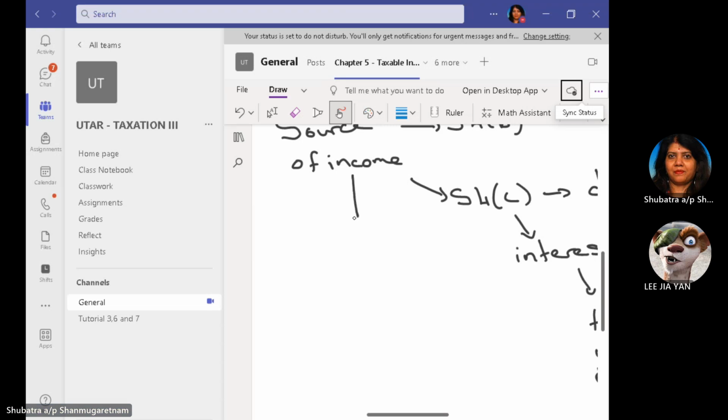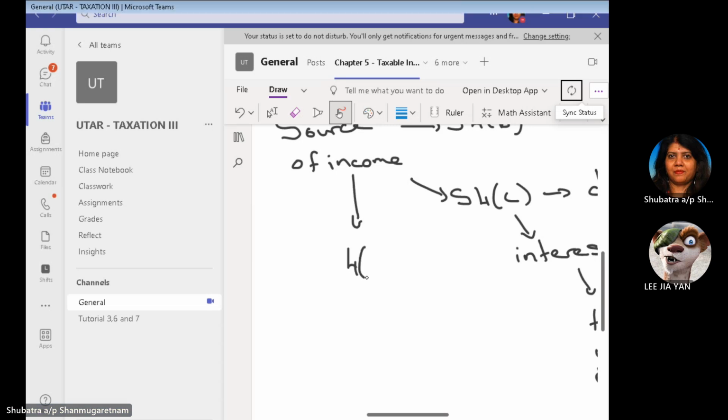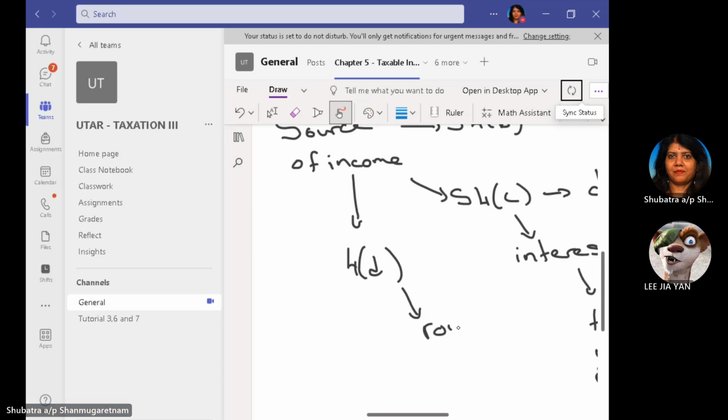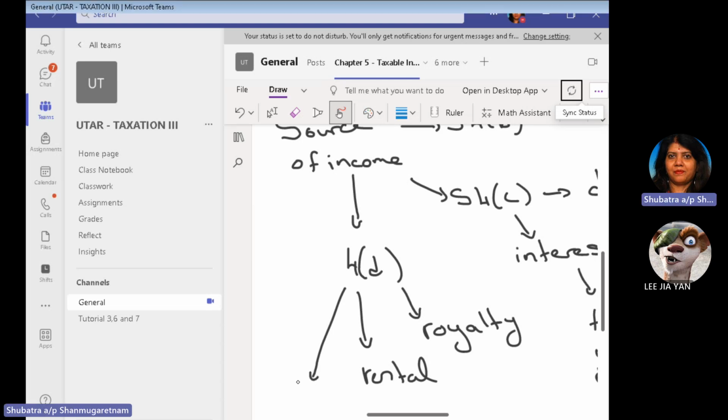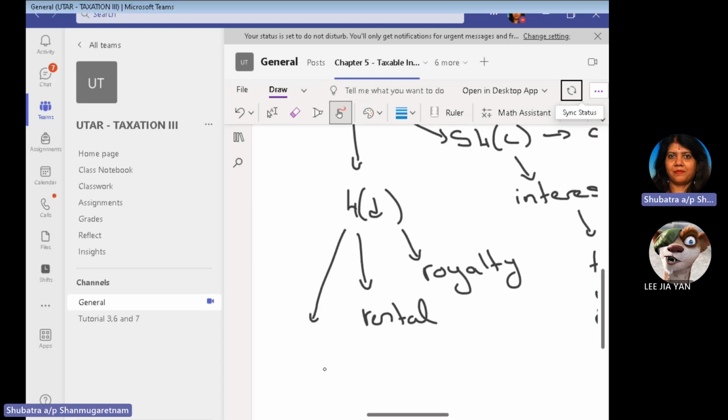4D, royalty, rental. All right? Now, for all 4D income, you have the ability to minus your expenses.